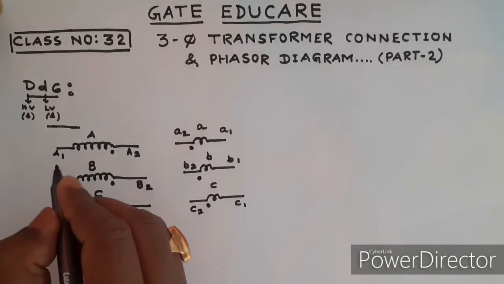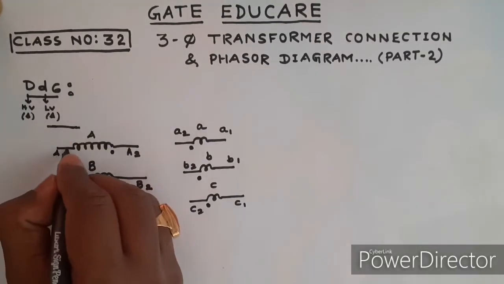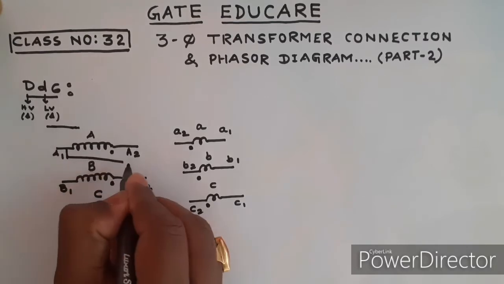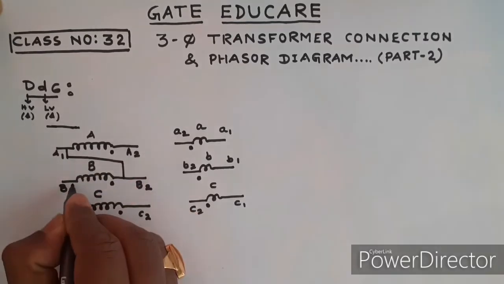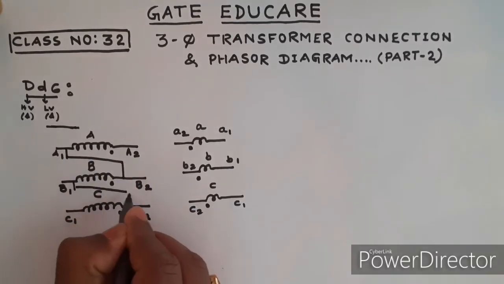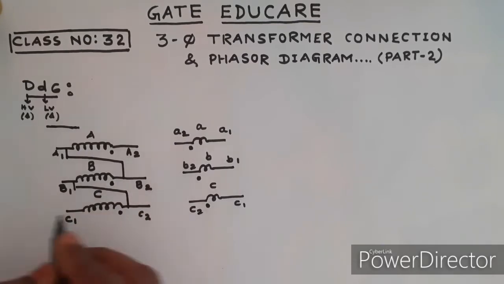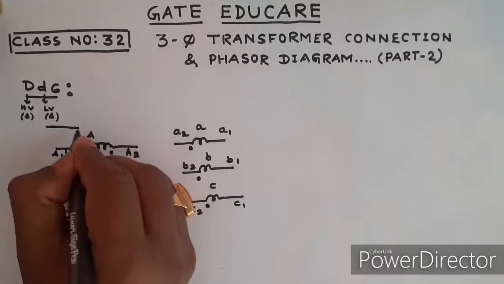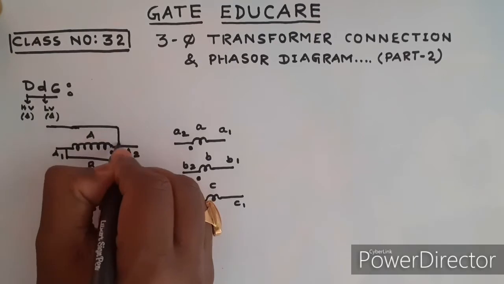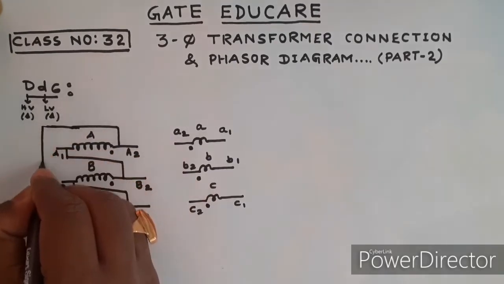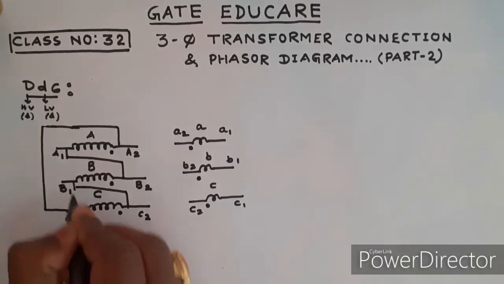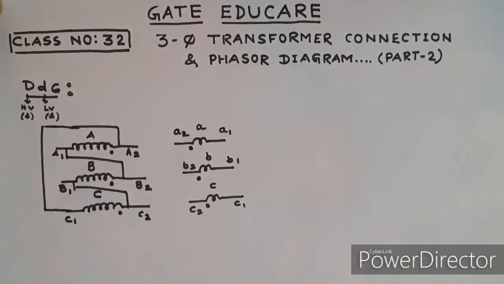Now, for the delta connection, A1 will be connected to B2, B1 will be connected to C2, and C1 will be connected to A2. That is the delta connection.